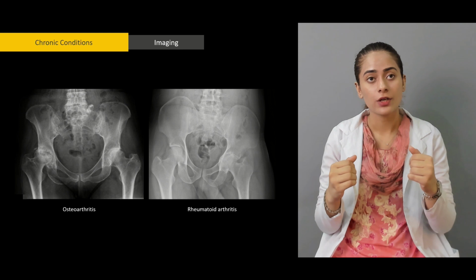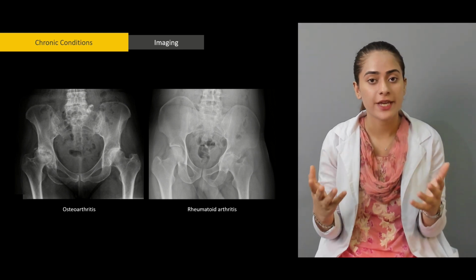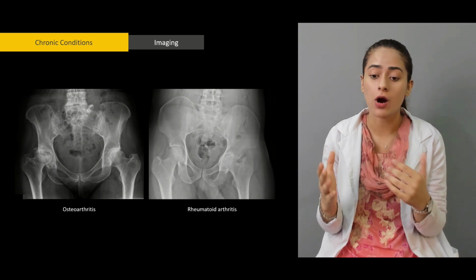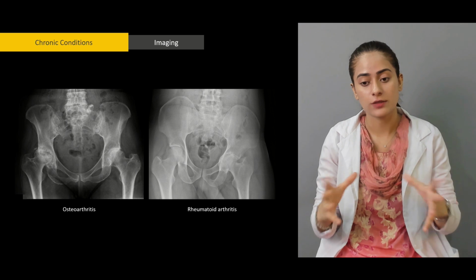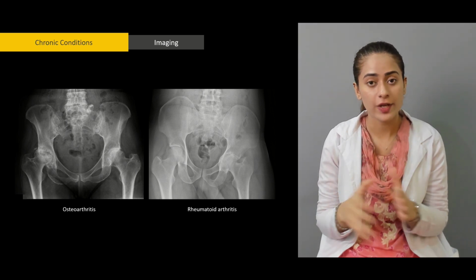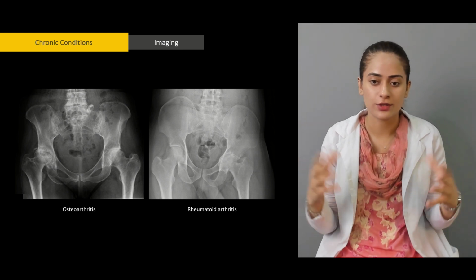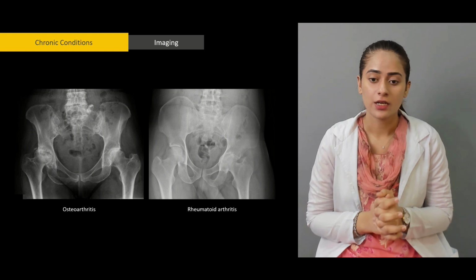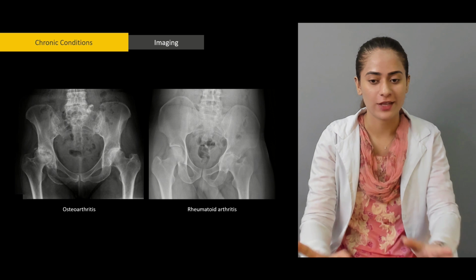They can never alone help you diagnose a condition. You have to run other tests. So blood tests for RA will actually diagnose RA, and then you can differentiate between OA and RA. But on an X-ray, you can't really comment if it's an RA or an OA, because you can never know if there are any rheumatoid antigen present in the body, right? So that's not visible on the radiograph.